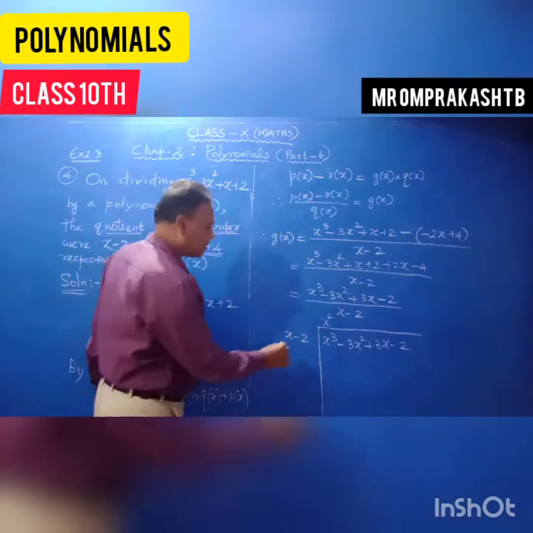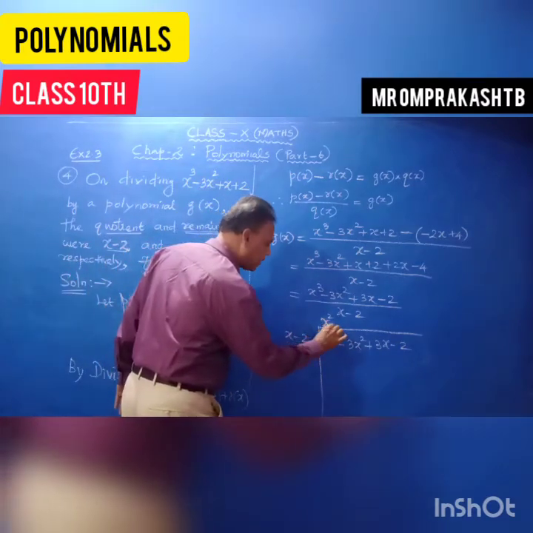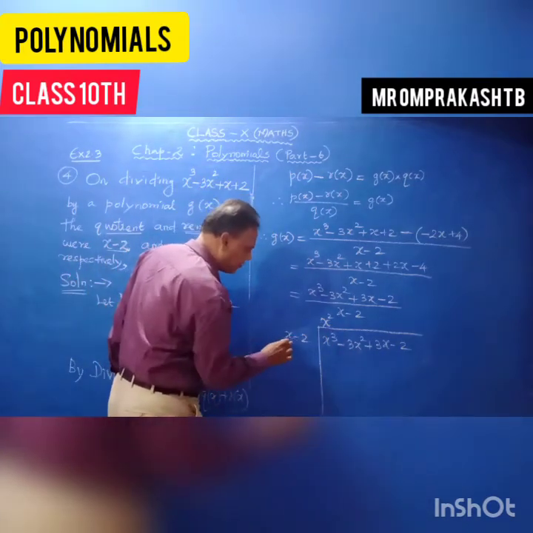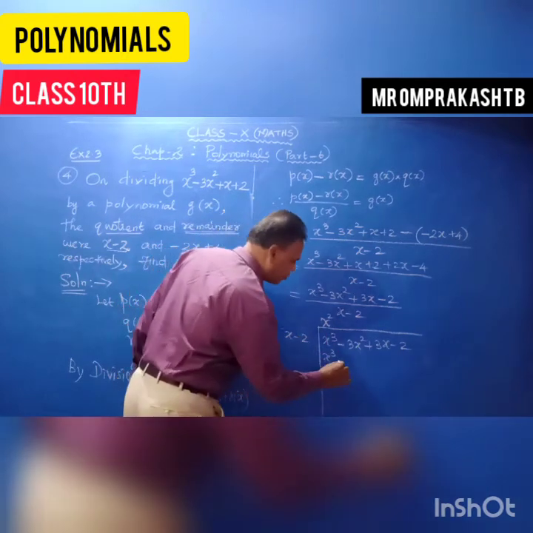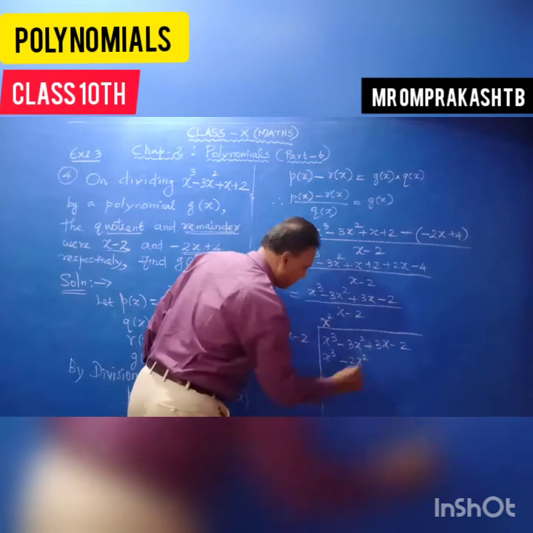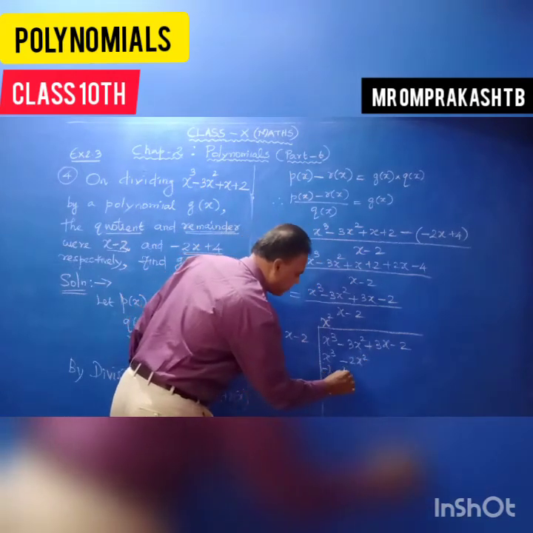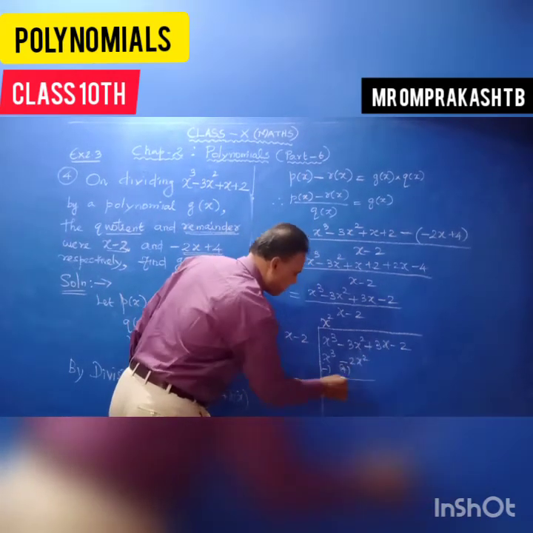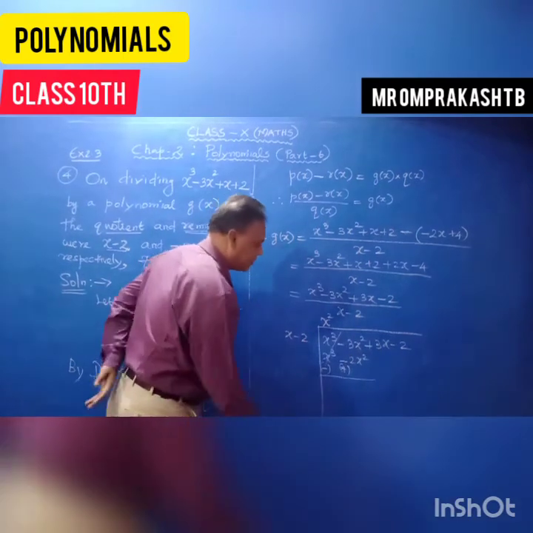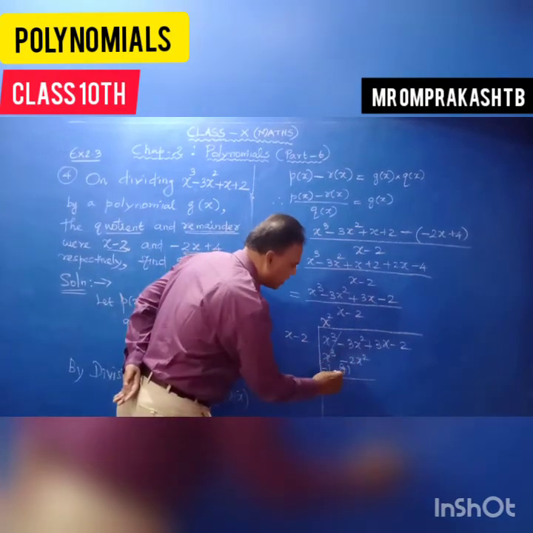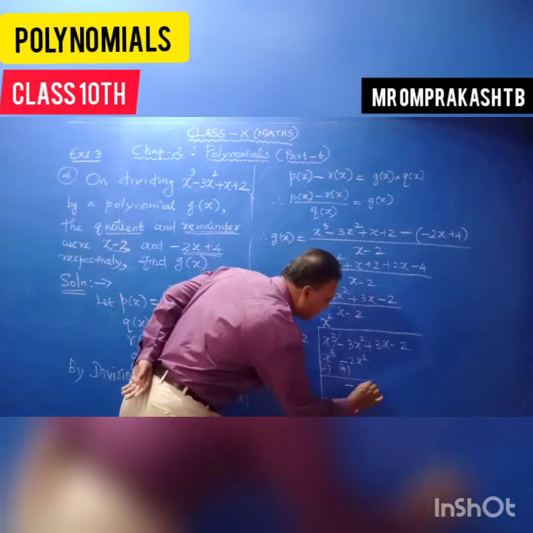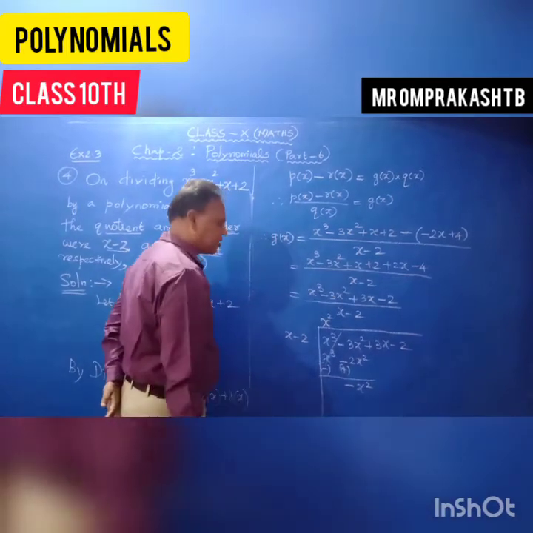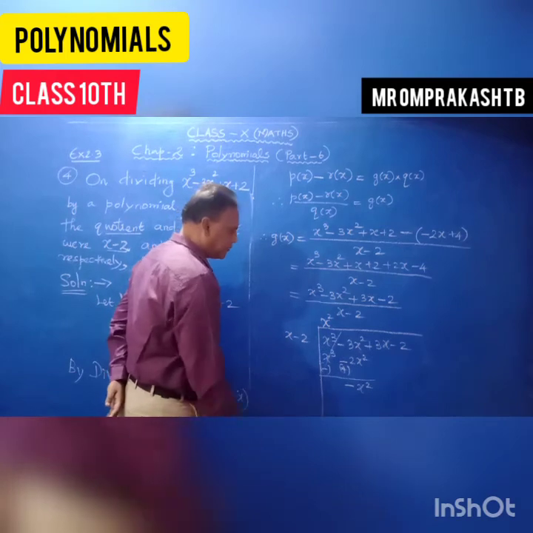Multiply: x squared into minus 2, minus 2x squared. Now subtract. This will be eliminated. Now minus 3x squared plus 2x squared is minus x squared. Clear?